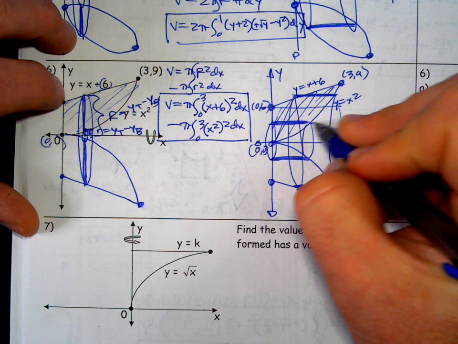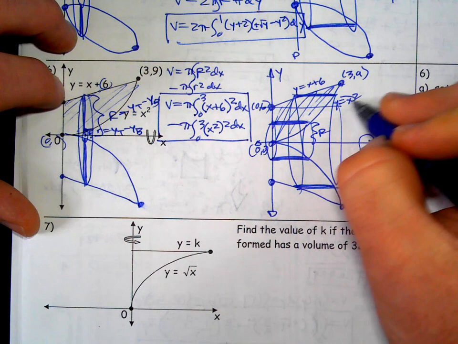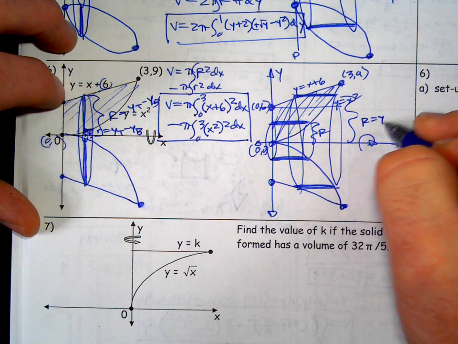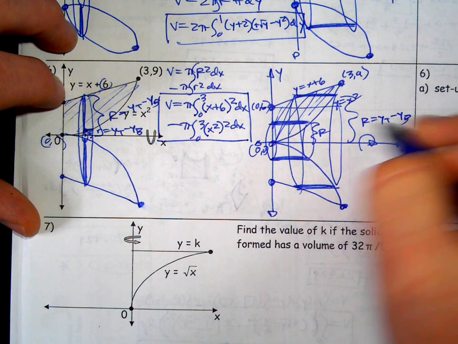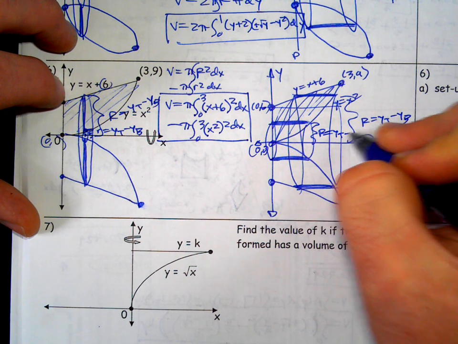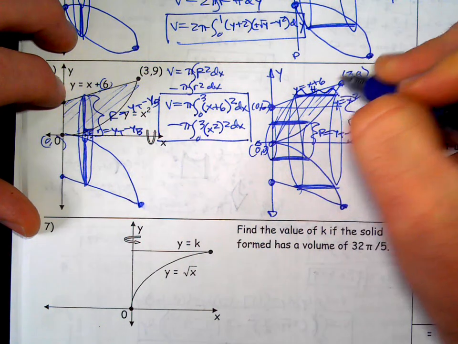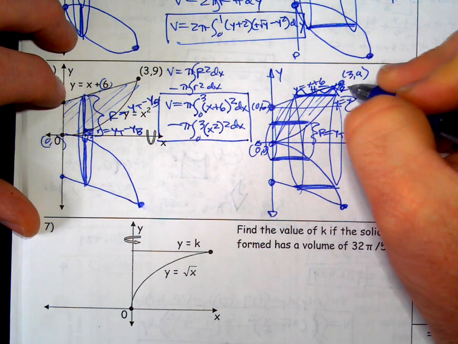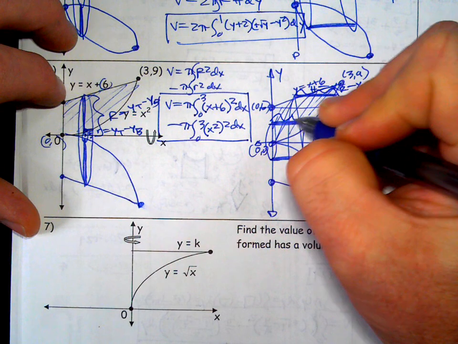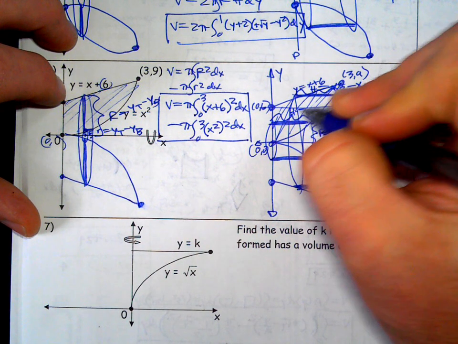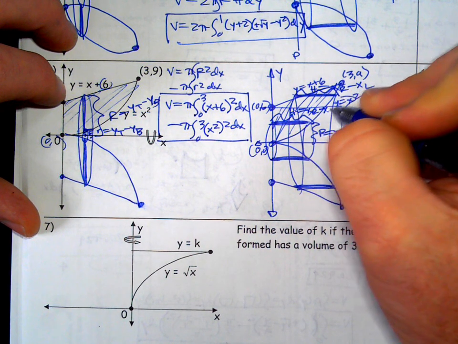The radius of the shells is going to be set up the same way. It's y top minus y bottom. This is the height. Now the height is the thing that's going to change. It's x right minus x left.